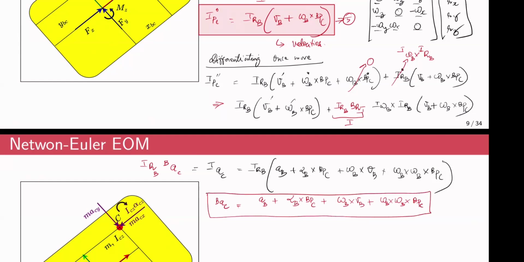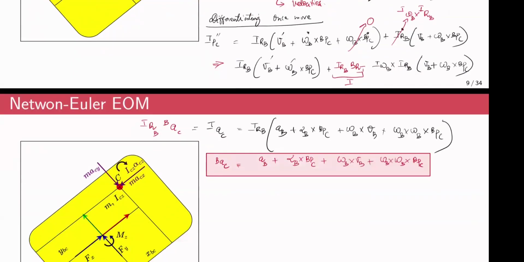Right? This is the expression for the acceleration of point C with respect to the body fixed frame of reference. So if I substitute the corresponding symbols, I'll write this a_B as u dot, v dot, r dot, or I'll just write the linear part.